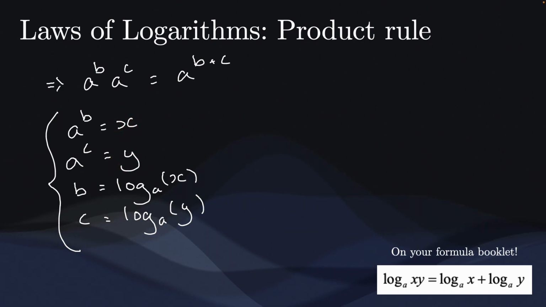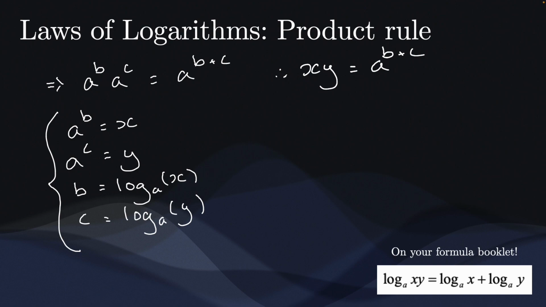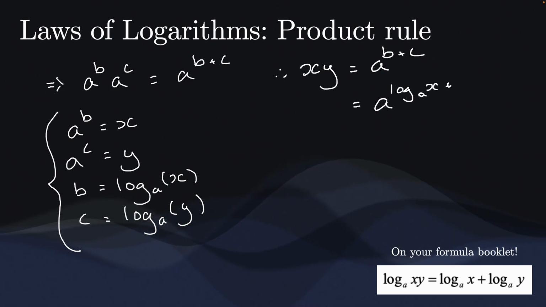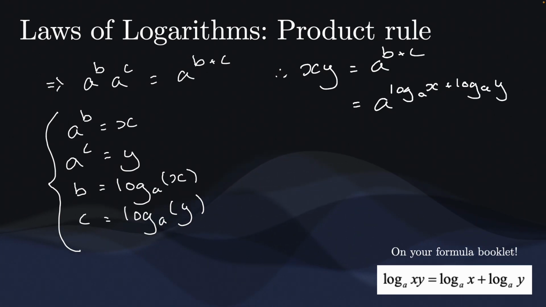So x times y is equal to a to the power of b plus c. Now remember, b and c are log base a of x and log base a of y. So we can say that x times y is a to the log base a of x plus log base a of y.